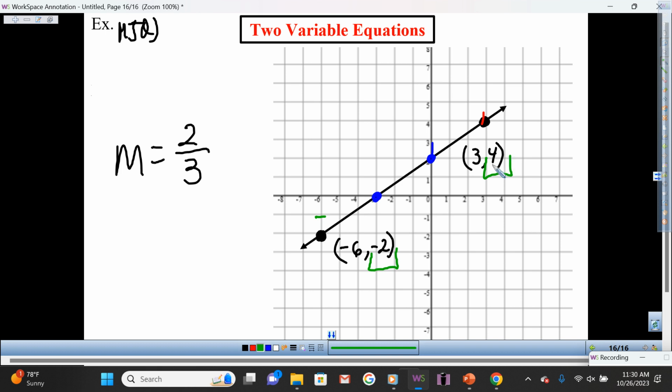Tell your neighbor what we can do with those Y values to give us that. Hands if you see it. All right. What do we do to get that number with those 2 values?